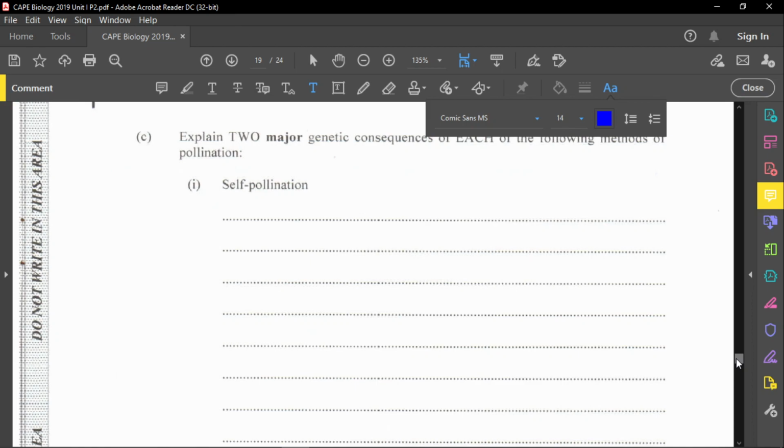So the consequence of one is the opposite consequence for the other one. It's the opposing consequences, I should say. So let's say self-pollination. Let's think about it. Self-pollination, the same flower pollinates itself, which means the gametes are pretty much the same.